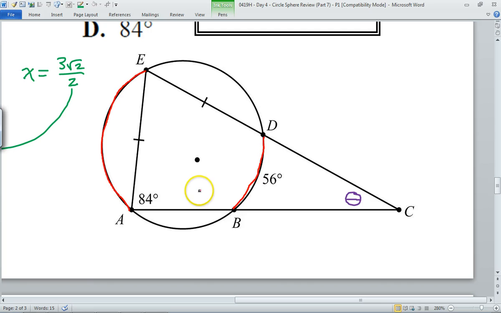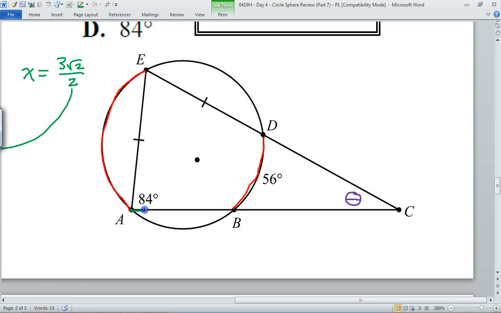So let's play around with the numbers that we have until we find it. So let's see, what can I do? Well, the only other number I've got is this 84. Now please be really, really careful here. Look where the 84 reaches to.